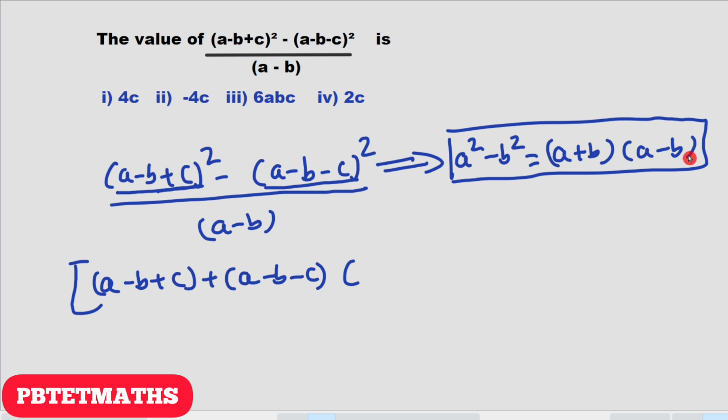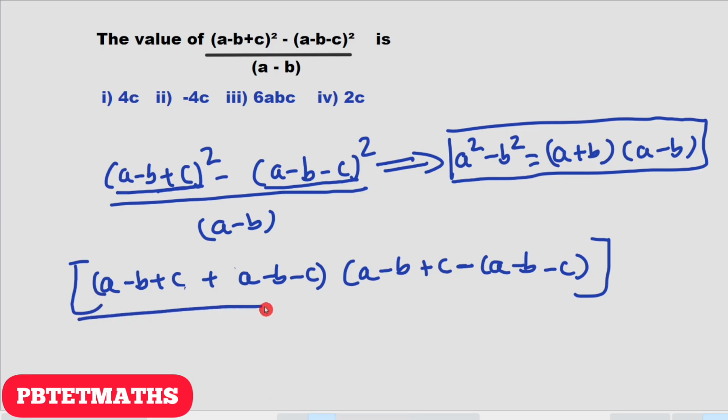Now move on to a − b. We write the first term a as it is, a − b + c, minus (a − b − c). Here we don't need that bracket, so let's erase this one. Here also we don't want that. Now let's simply write that denominator part, a − b.